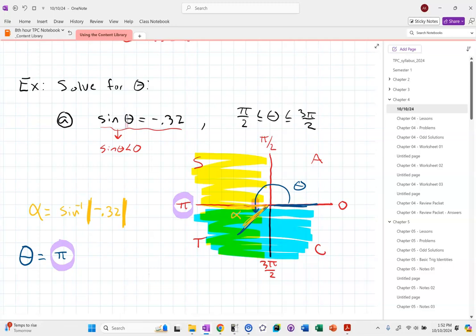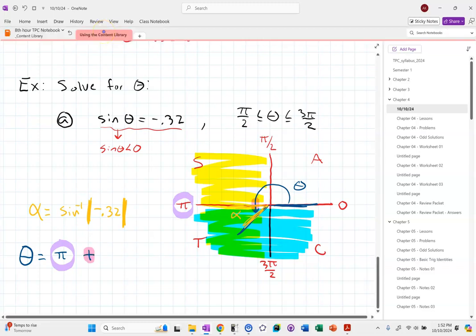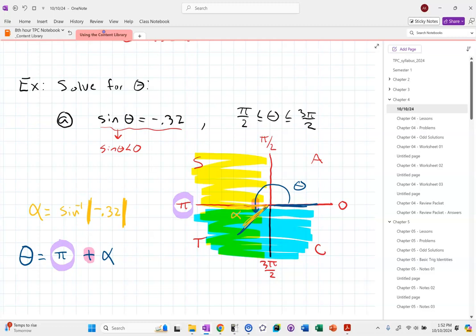In our case, it's the x-axis. Because it's the x-axis, that tells me it's going to be addition. And then it's alpha. So the equation for theta whenever theta is a positive number is the x-axis piece that makes up alpha, and then it's either plus or minus alpha. If the last axis I cross is the x-axis, it's plus. If the last axis I cross is the y-axis, it's minus.